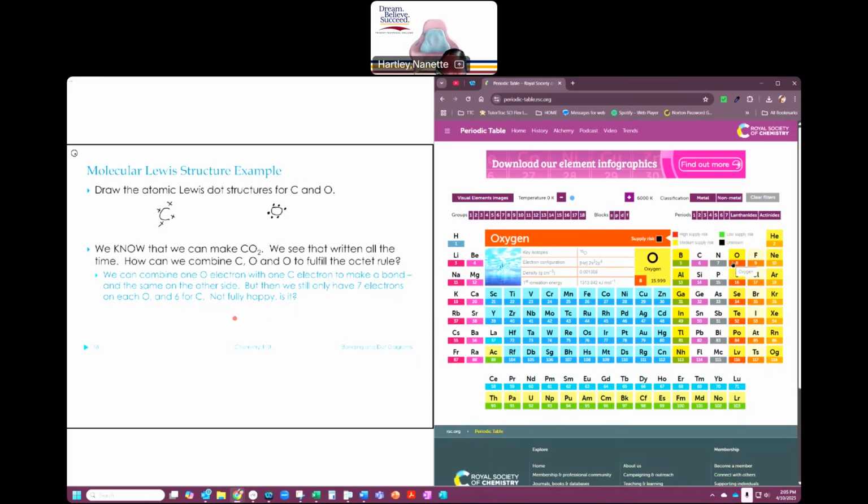I can take C, put him in the middle, and place electrons around it, and then the oxygens on each side with their electrons.